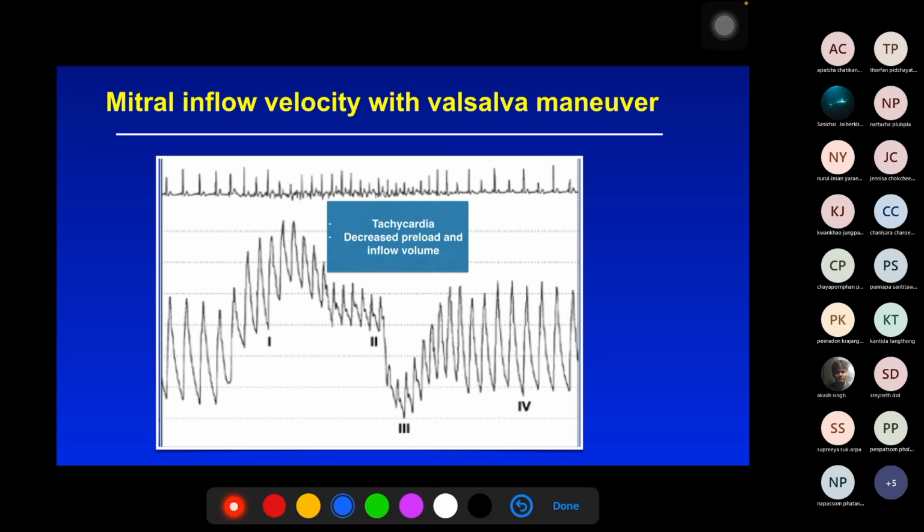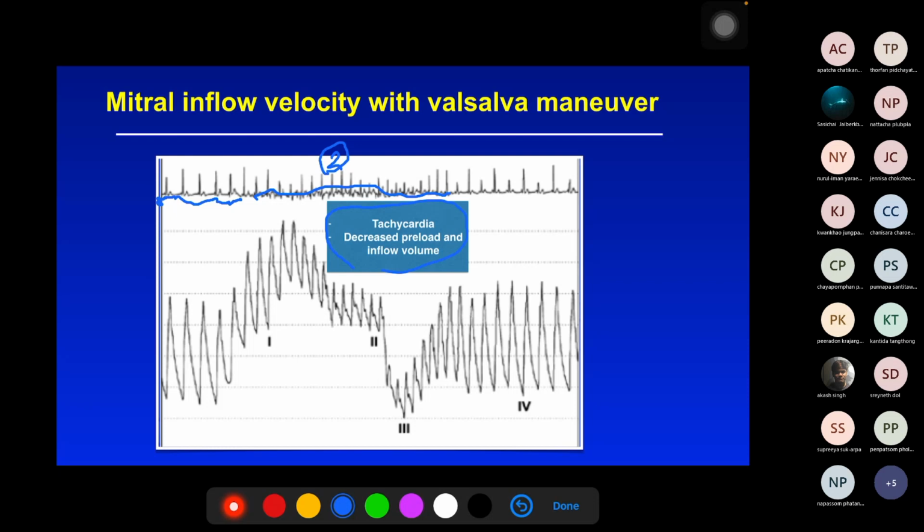So this is when you see the MV inflow with Valsalva. If you start the Valsalva maneuver here, after about 5 to 10 seconds you might see the heart rate is increased, because this is phase 2 of the Valsalva maneuver. You see the heart rate is increased from the compensation of the blood pressure drop.